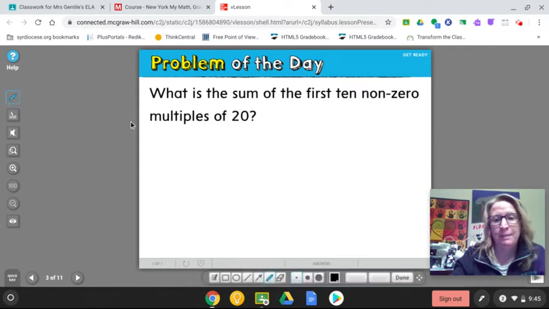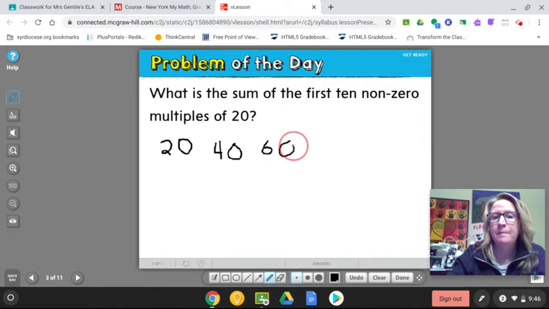All right, so I get my trusty pen, okay, because I know you guys love that aspect of it. So I'm going to put the first 10 multiples. If I'm skip counting by 20, start with 20, okay, then 40. So I'll write that down. Then 60. Okay.